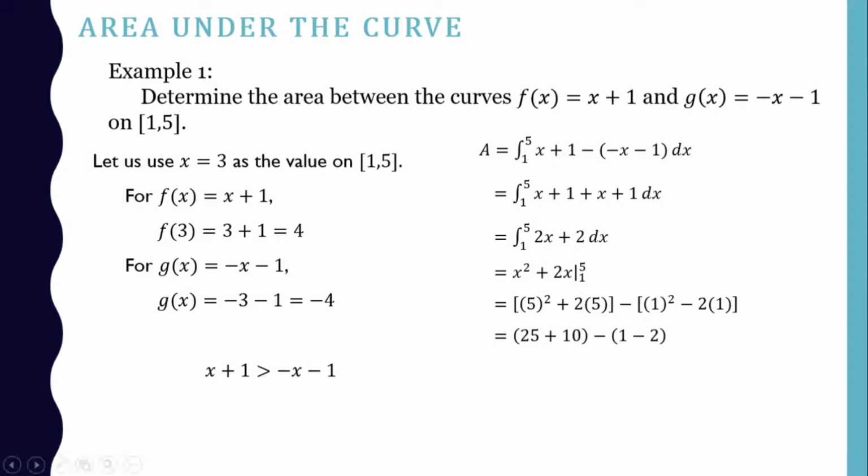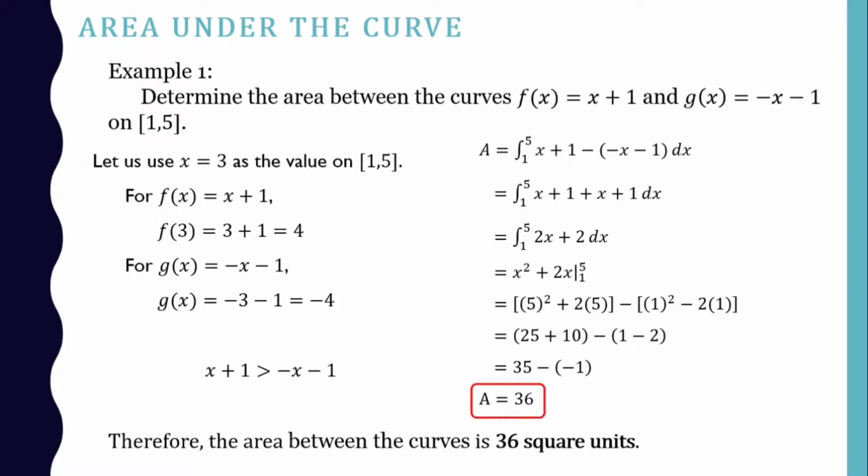Simplify. 5 squared is 25 plus 2 times 5 is 10, minus 1 squared is 1 plus 2 times 1, that's 2. Simplify further. That's 25 plus 10, that's 35, minus 1 plus 2, that's 3. 35 minus 3 is 32.